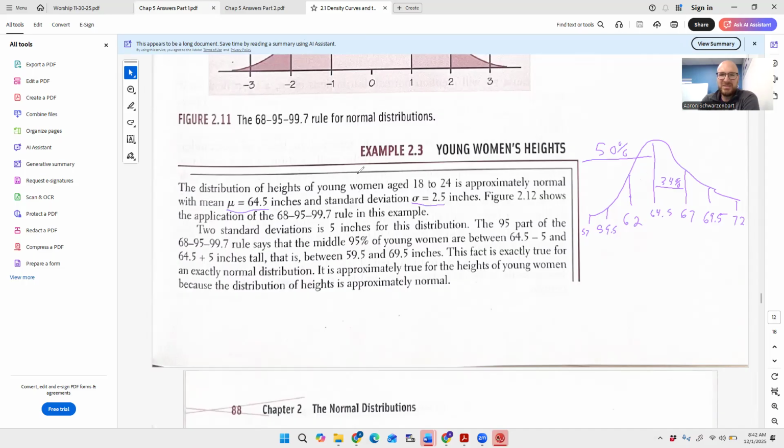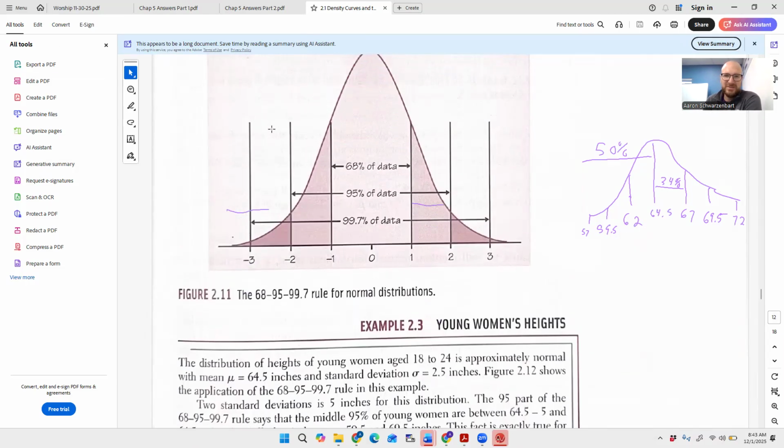If we divide all of these chunks up, you divide 68 in half, and that's 34. And then if we take 95 and subtract out the 68 and divide it in half, I get 13.5. That makes sense how I'm getting that.